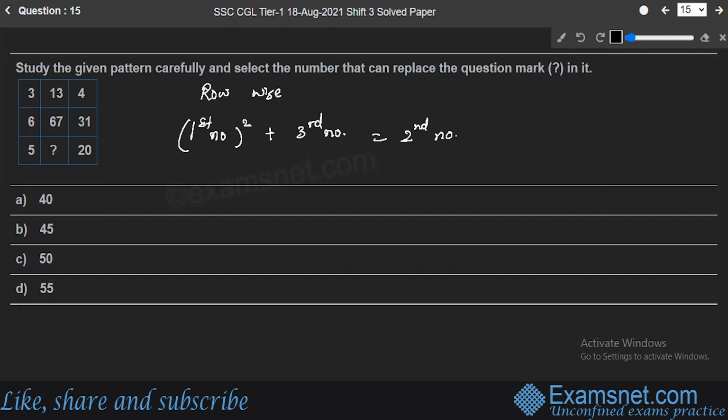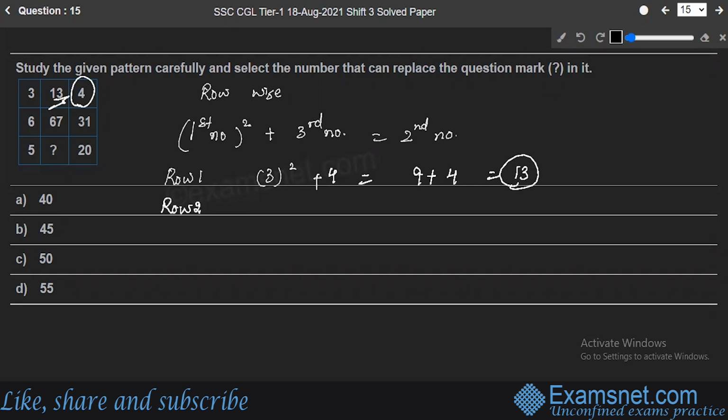Okay, so let's check this one for row 1. What is first number? It's 3. 3 square plus, sorry, it was third number. So 3 square is equal to 9. 9 plus 4 gives you 13, which is your second number, right?